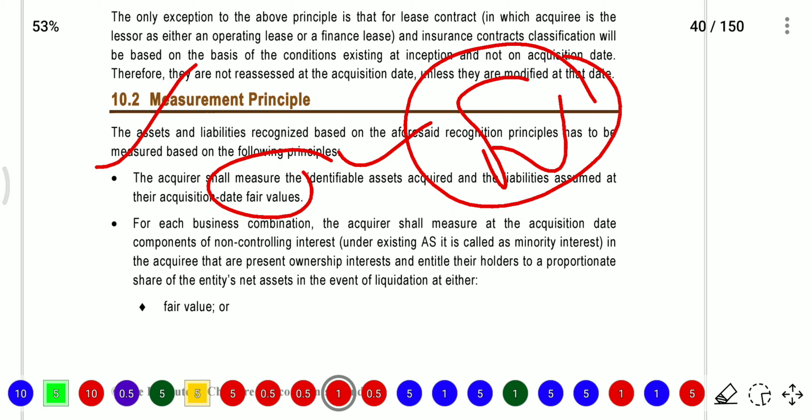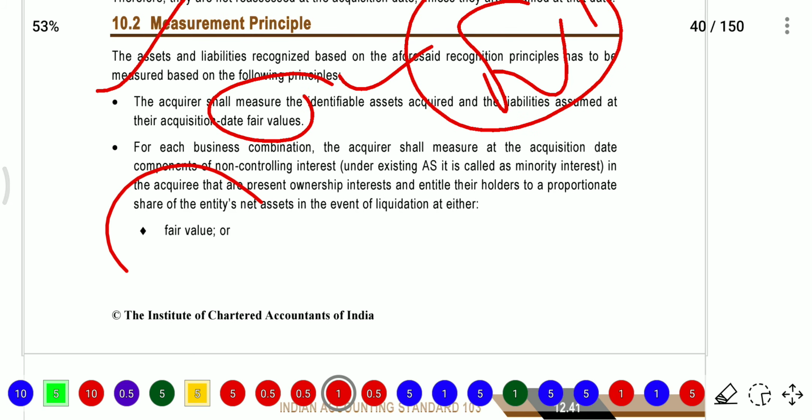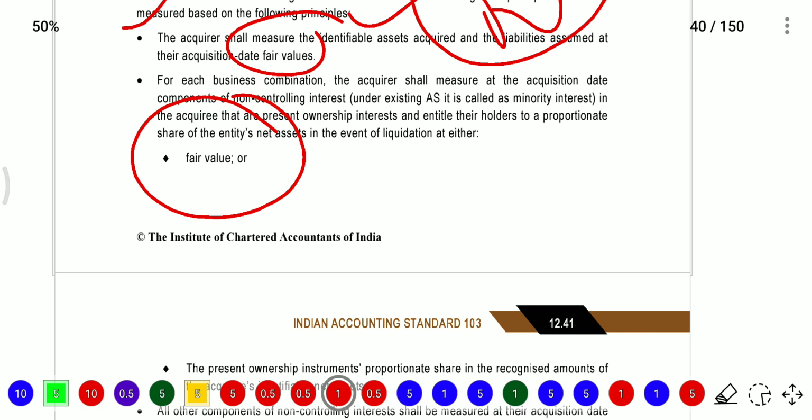NCI means non-controlling interest, earlier known as minority interest, where persons hold ownership interest and are entitled to a proportionate share. So there we need to consider those persons also, who are the non-controlling interest persons.